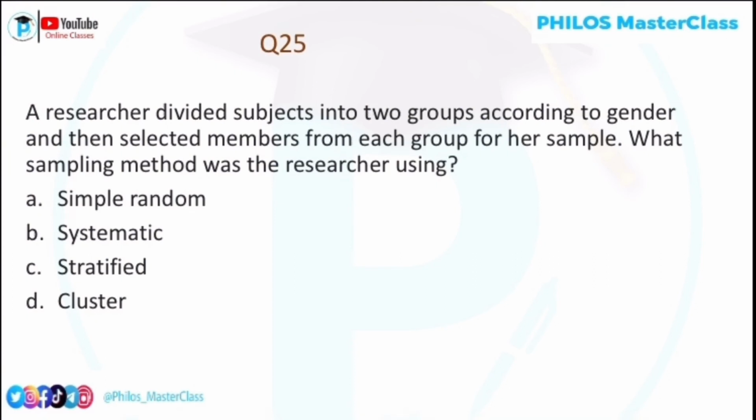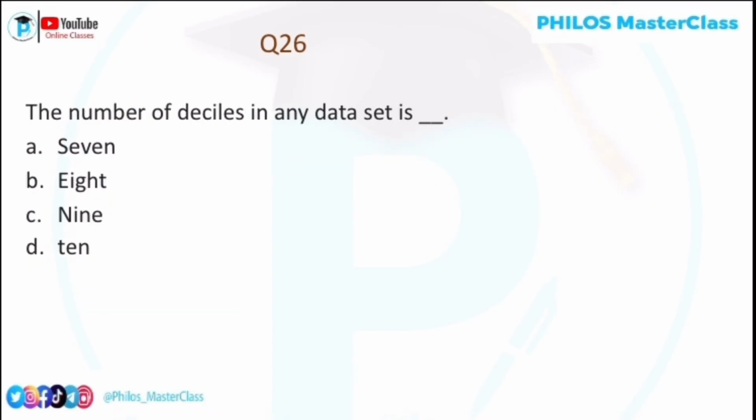You can check the playlist of this channel to watch a video on sampling techniques. There you will know the difference between simple random, systematic, stratified, and cluster sampling techniques properly. But for this particular one, the answer is option C, stratified. Okay, so let's proceed to the next question.